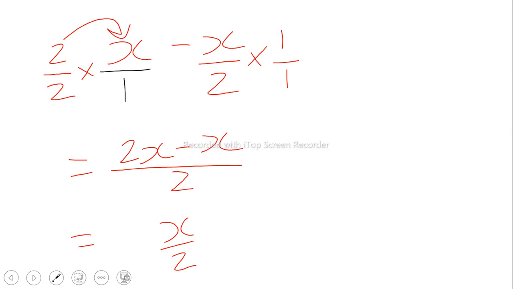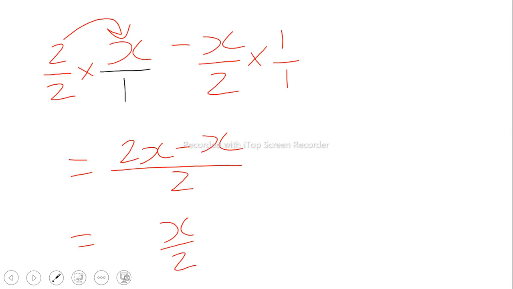So you multiply 2 by the bottom. Whatever you do to the bottom, you must do to the top. So this is 2x right here minus x there. The denominators are the same, so this is 2, and so it's x over 2.